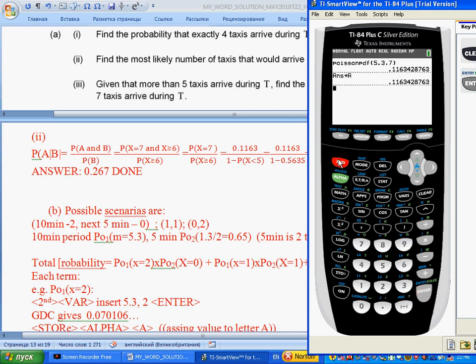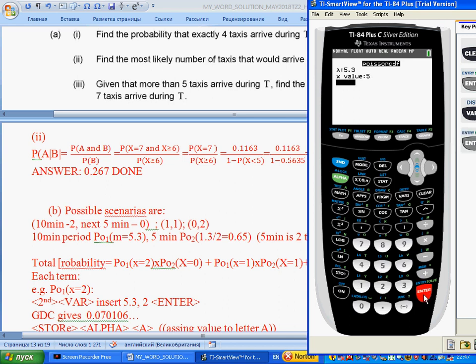Then we go to calculation of another function which is cumulative. This Poisson cumulative. Press enter. So 5.3, and this value we take 5.